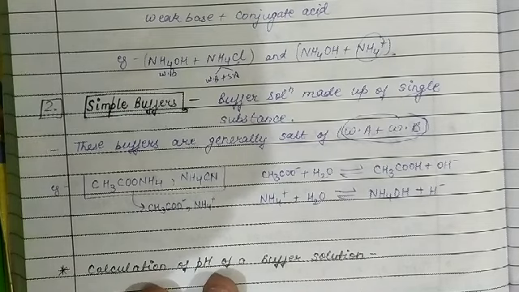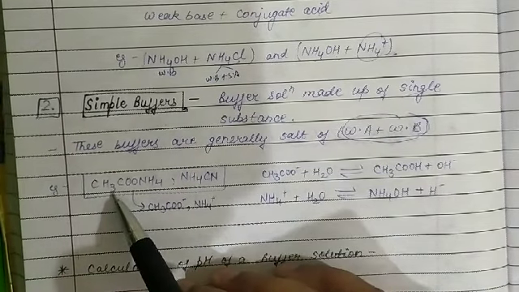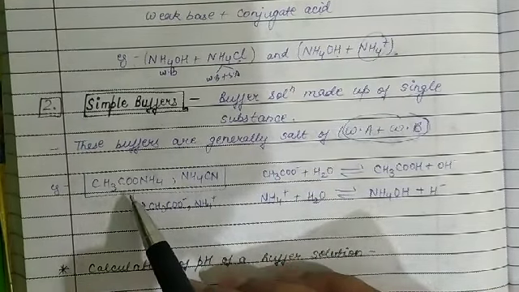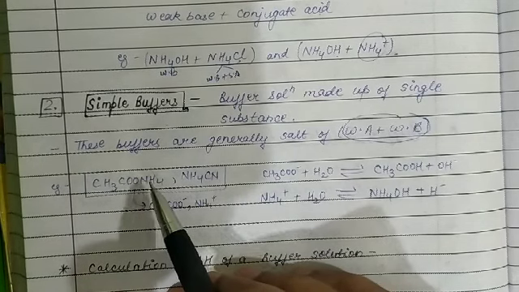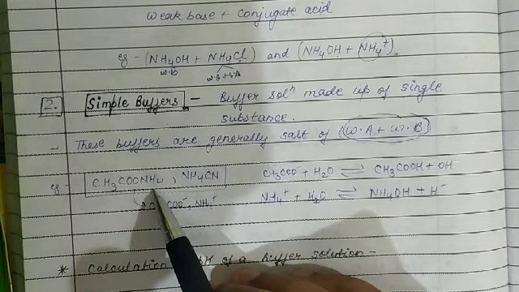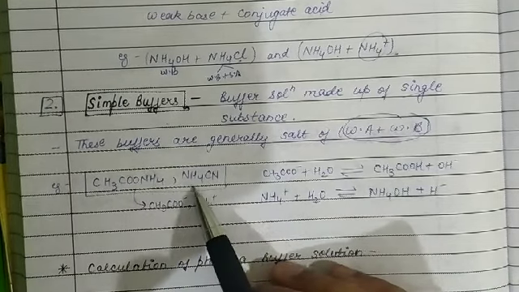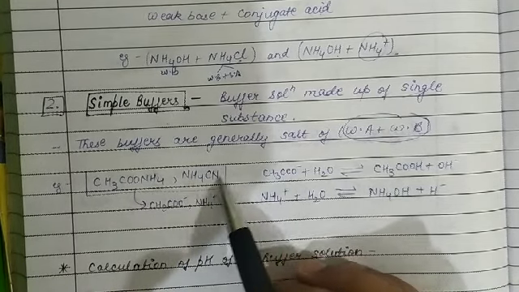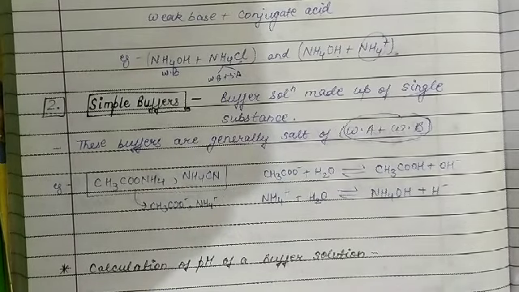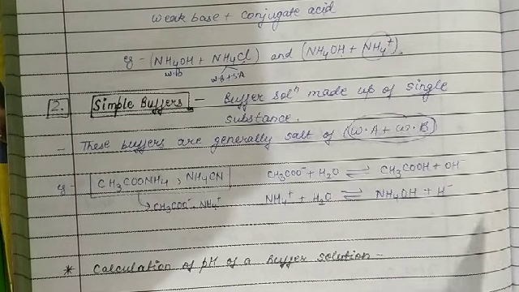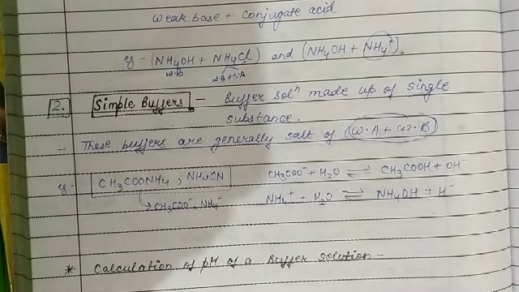For example, CH3COONH4 consists of the weak acid CH3COOH and the weak base NH4OH, so we can call this a simple buffer. Now NH4CN is also made up of NH4OH plus HCN, weak base and weak acid. This is also called a simple buffer. Now we'll study the calculation of pH of a buffer solution. See, the pH of a buffer solution.